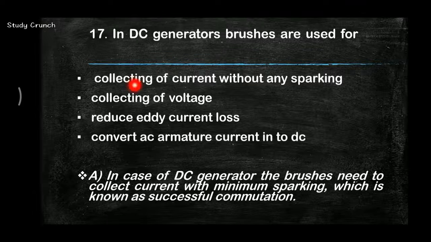Next, in a DC generator, brushes are used for collecting the current without any sparking. So in case of a DC generator, the brushes need to collect current with minimum sparking, which is known as successful commutation.